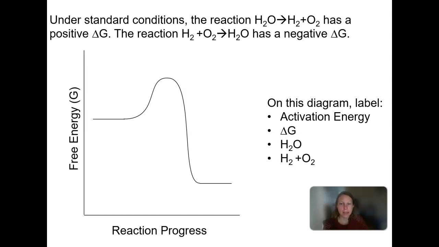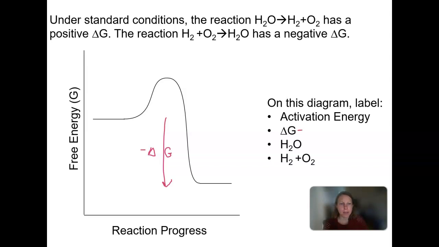Well, our reactants are higher energy than our products, so that means that our delta G, the difference between the energy of the reactants and the energy of the products, must be going down. So in this case, our delta G is negative. All right, so I've just labeled that there on the graph.